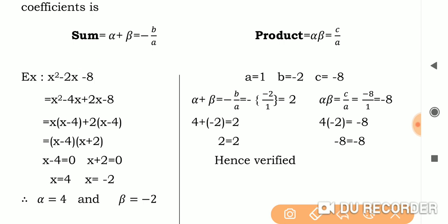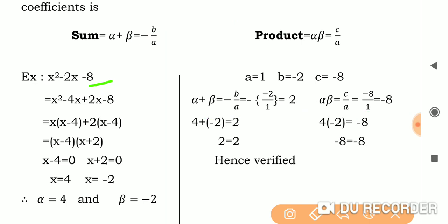Relating to this polynomial, the coefficient along with x square is 1, so a is equal to 1, whereas the coefficient along with x is minus 2, that is b is equal to minus 2. Then c is the constant, which is minus 8. Now let us verify this sum and product relation.